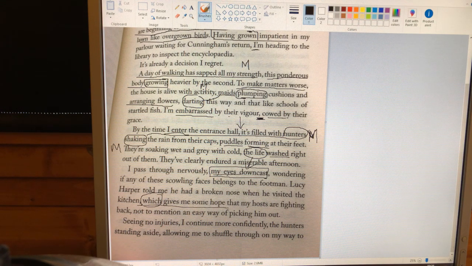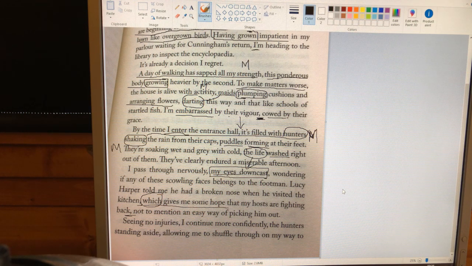And then we've got an interesting comma here, right at the bottom, where we say, which gives me some hope that my hosts are fighting back, comma, not to mention an easy way of picking him out. Now here, sometimes when you see a comma, it's quite useful to think of what it might mean if you take the comma out.